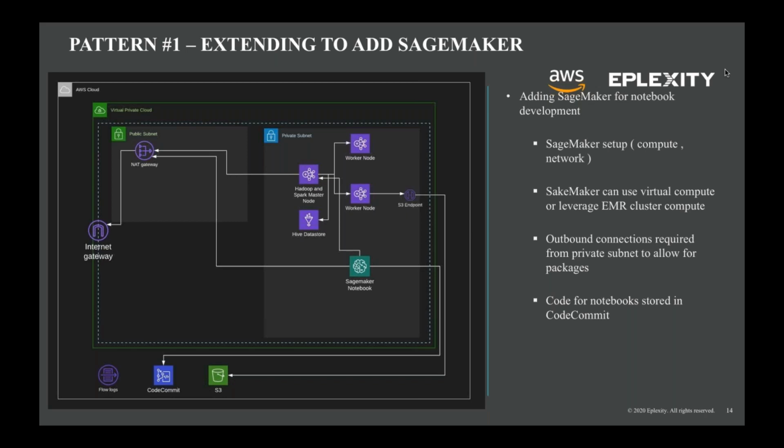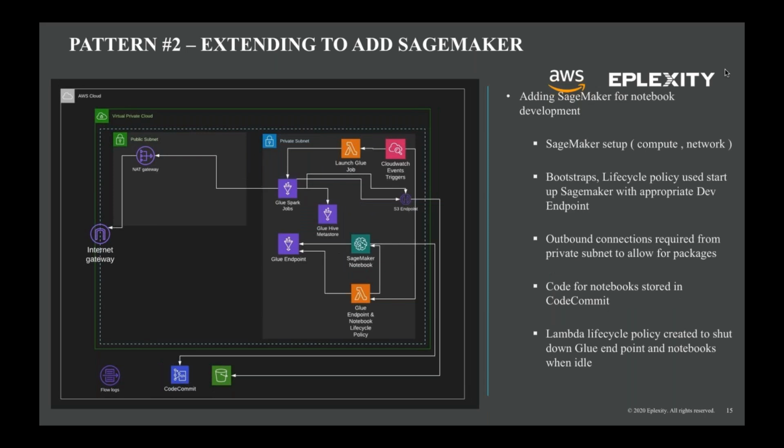So we are at about 20 minutes left, so I am going to speed up just a touch to try to get through the majority of the pattern and the other components. In pattern number 2 there is equally a way to bring in SageMaker, slightly different. In the case of Glue, you're going to set up a thing called a Glue endpoint to attach SageMaker to it.